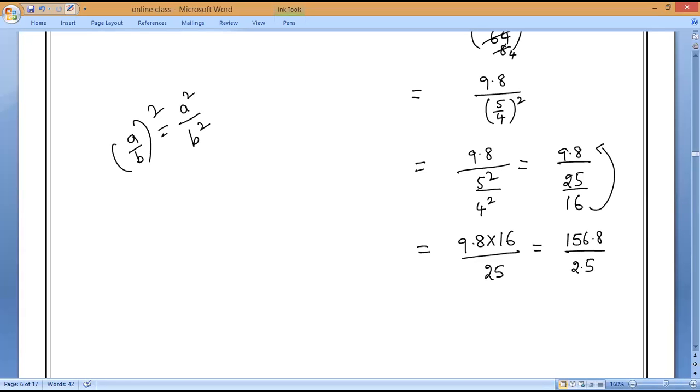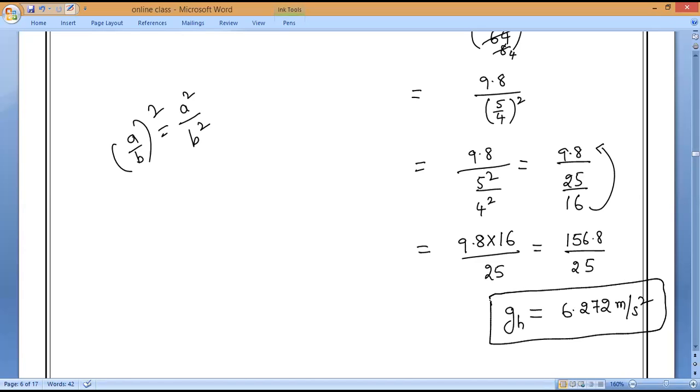All of you do the division. Gokul, what is your answer? 156.8 divided by 25 gives 6.272 meter per second square. So that value is between 7.34 and 3.08. Is it right or wrong?